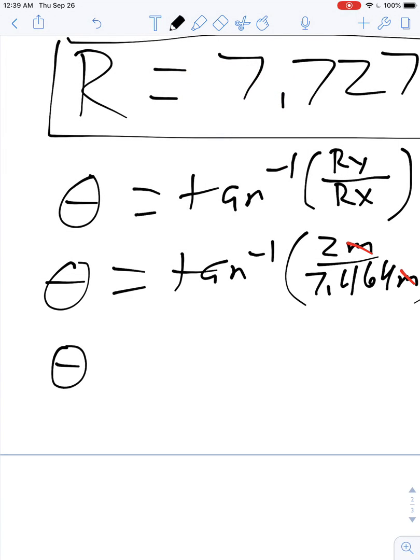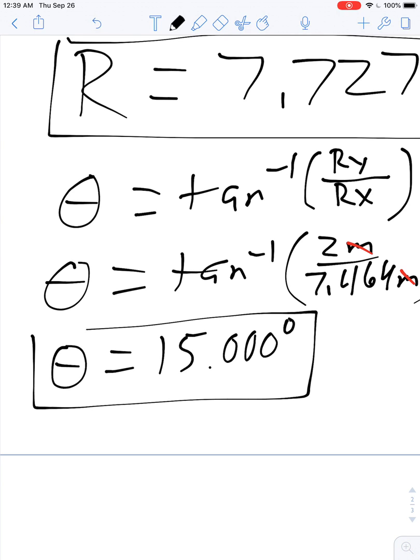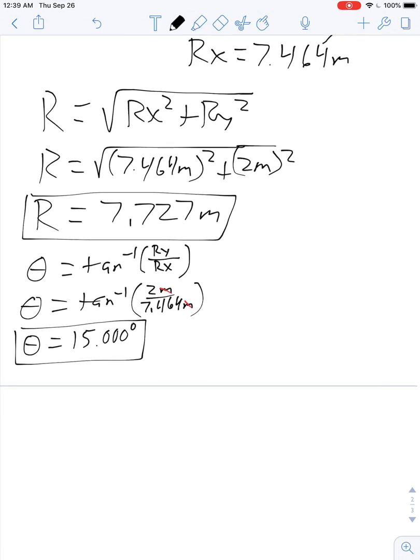Throw that in your calculator, make sure that you're in degree mode, and you will find that this is an angle of 15.000 degrees. This second number is the direction. The r is the magnitude.